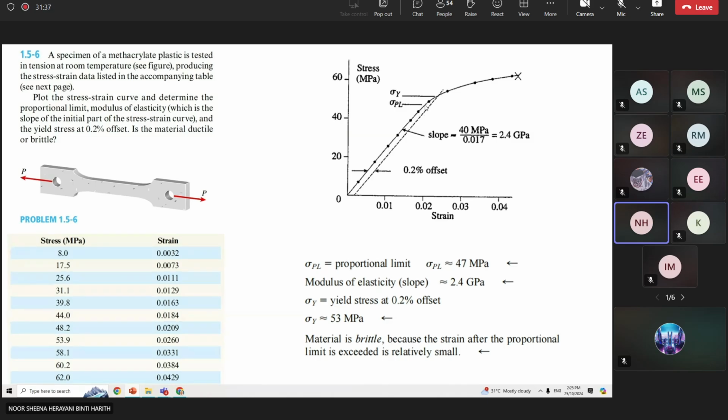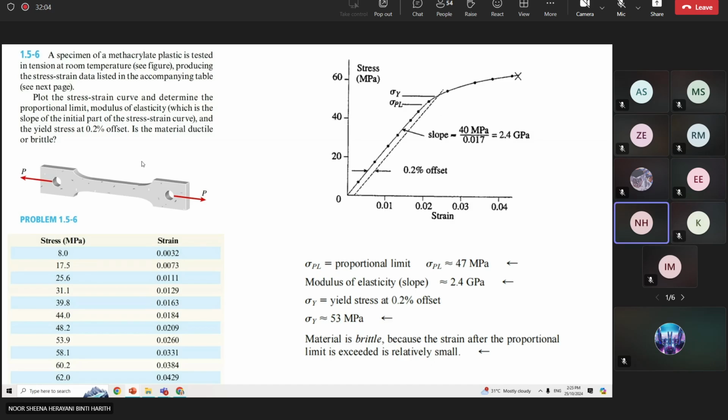This is the linear, still elastic part, so this is the maximum where the proportional limit is achieved. It is assumed to be 47, or 46 or 48, plus or minus. So 47 megapascal.